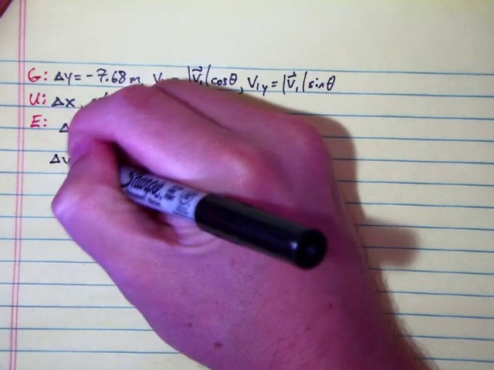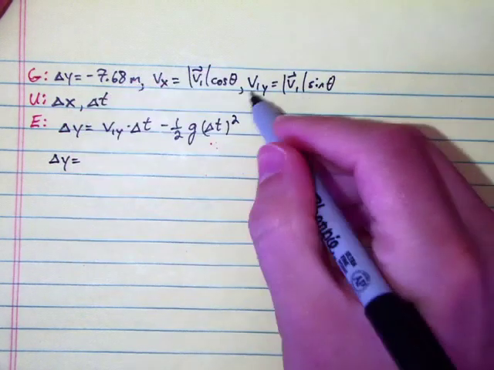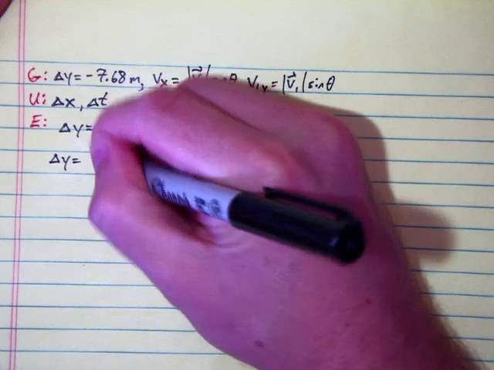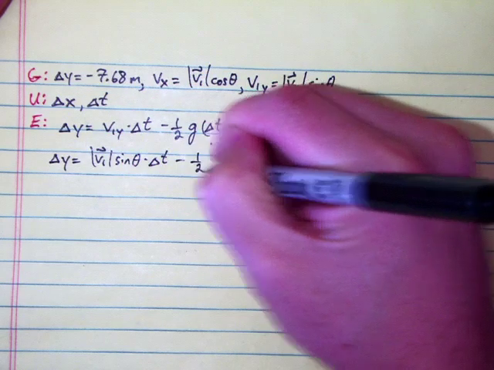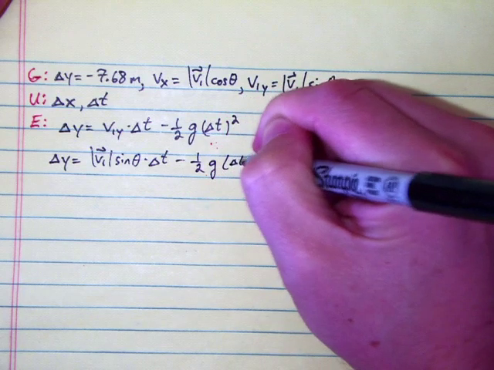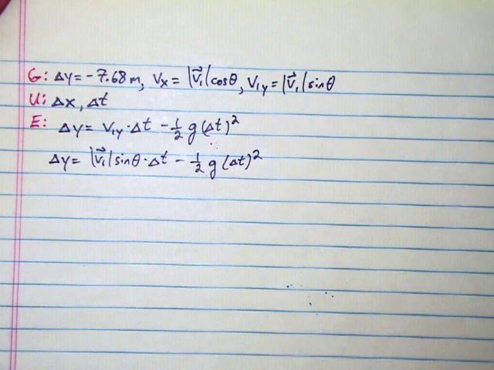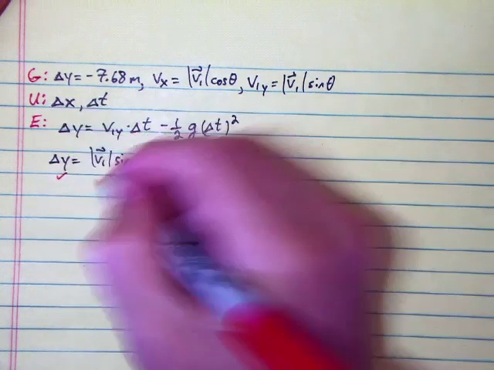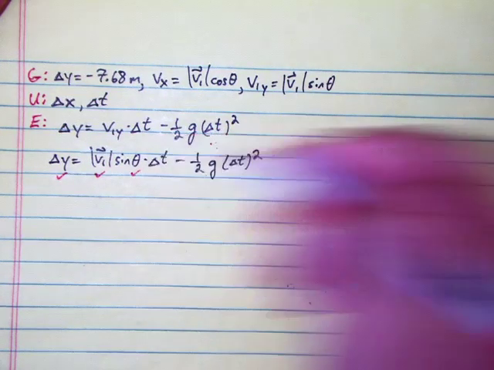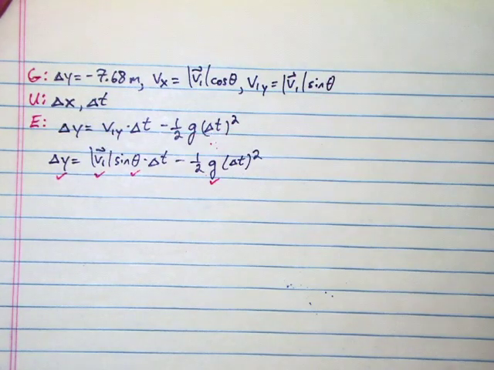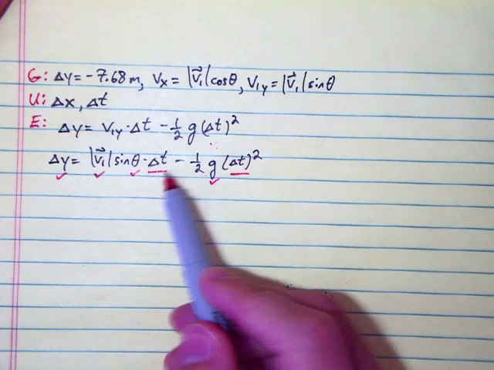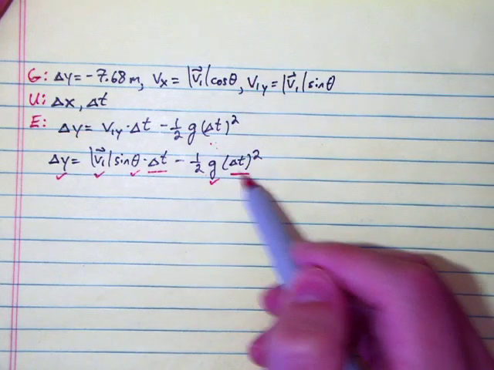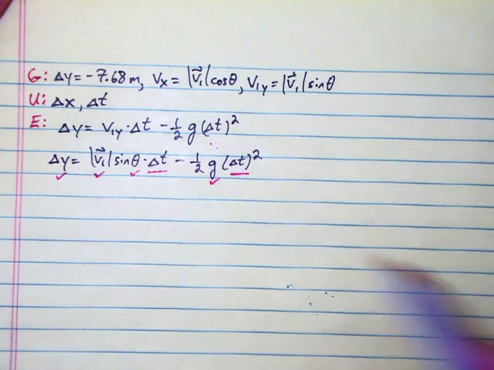So we can rewrite this as delta y equals v1 sine theta delta t, and then this term remains the same. Okay, so we know delta y, we know v1, we know the angle theta, we know what g is. We don't know delta t here, and it appears squared here, so we've got a quadratic equation to solve.